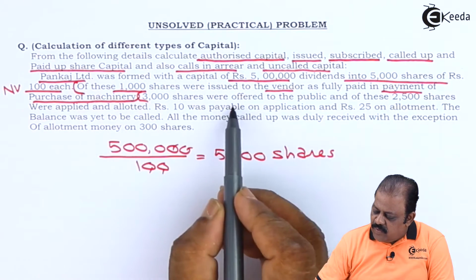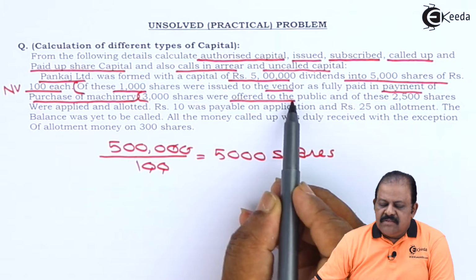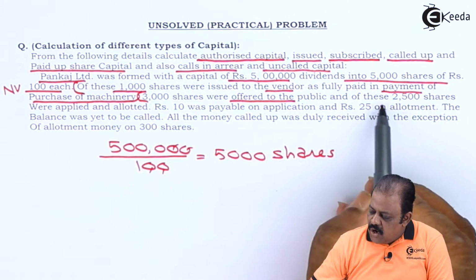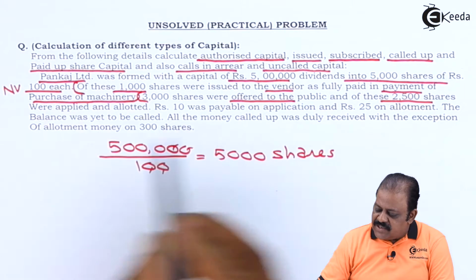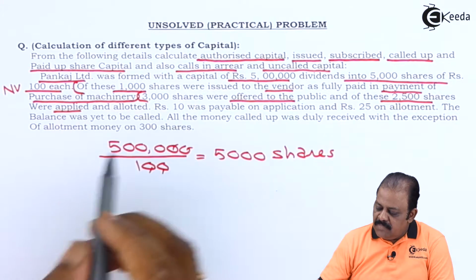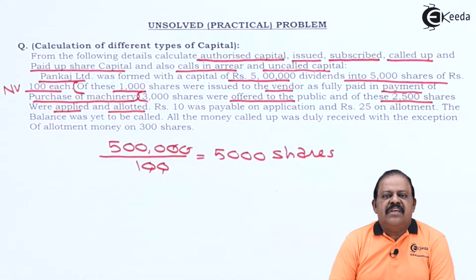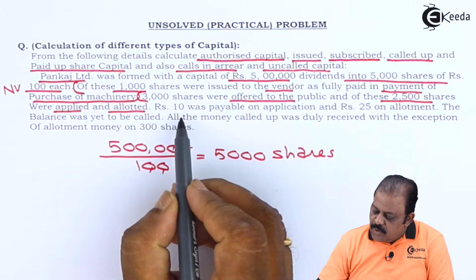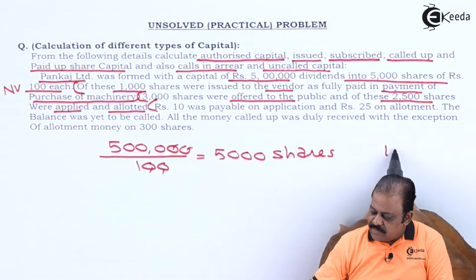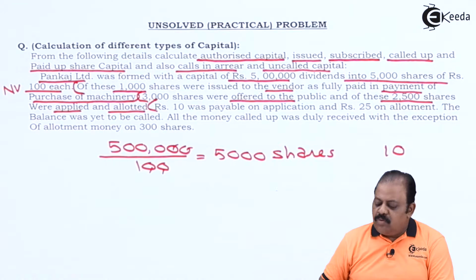3,000 shares were offered to public. This is issue of shares to general public. Of these, 2,500 shares were applied. Applied means subscribed. And allotted means given. Rupees 10 was payable on application. That is application amount.